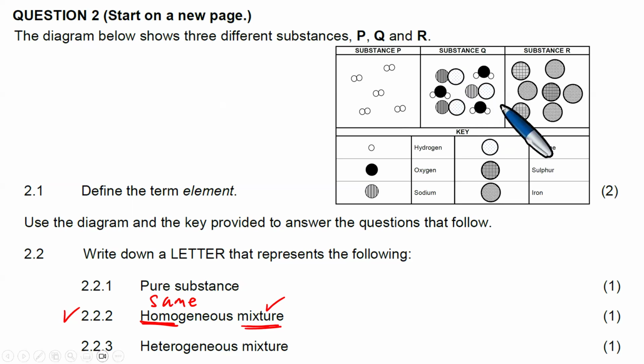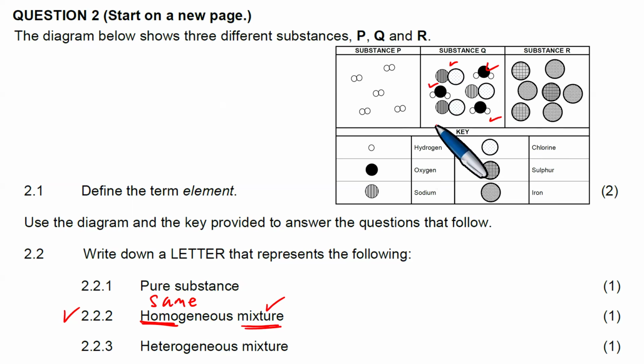Q can be regarded, for instance, as a mixture, but is it homogeneous? Are these things exactly the same? In Q, you're able to see that this one is the same as this, and it's the same as that.